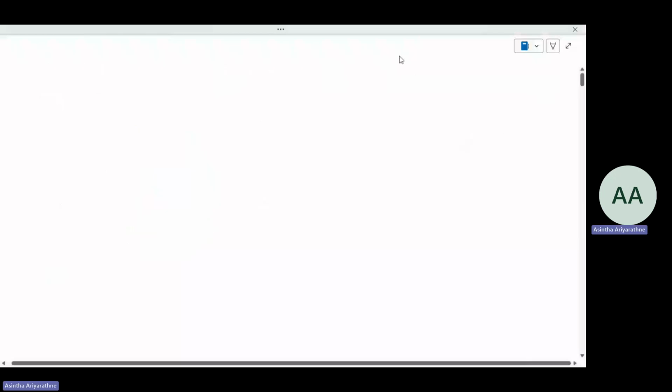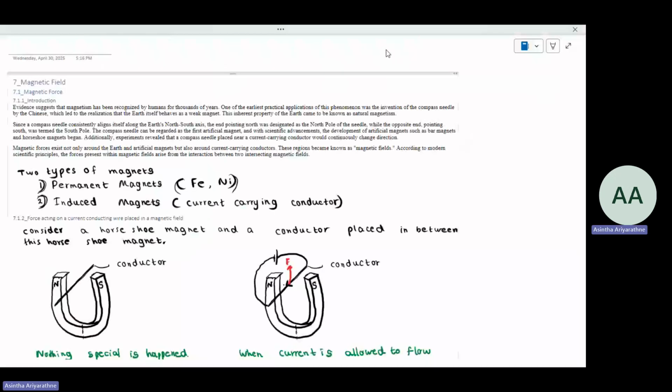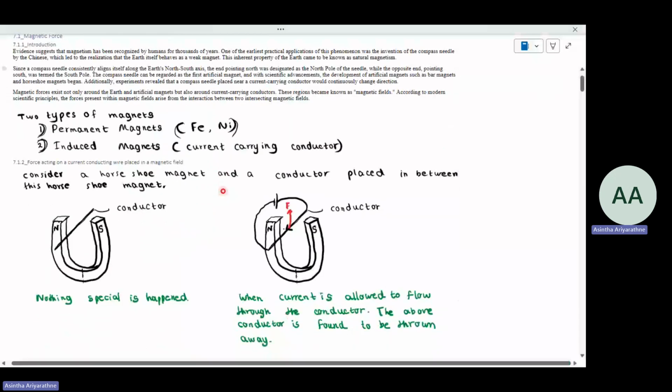So basically, we started the magnetic field section today and learned there are two types of magnets: permanent magnets and induced magnets. The induced magnet would show its magnetic properties only if the current flows through the conductor.